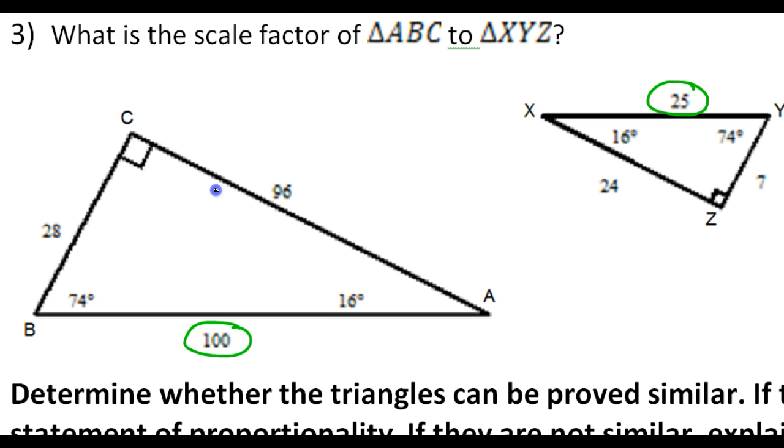Well, we want the scale factor from ABC to XYZ. So we want to go big to small. So that means we need the scale factor to be less than 1. So you want to do this as 25 over 100 to make that happen. So the scale factor is going to be 1/4. Okay, not 4.